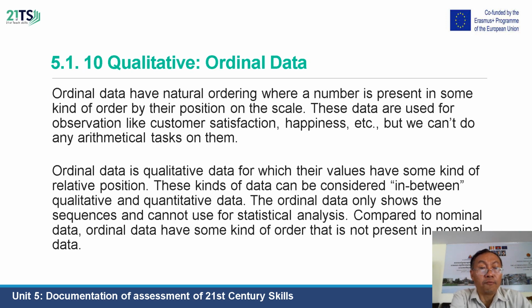Another subset of qualitative data is ordinal data. Ordinal data have natural orderings, where values are placed in some kind of order by their positions on the scale. These data are used for observations like customer satisfaction, happiness, etc. But we can't do any arithmetical tasks on them.